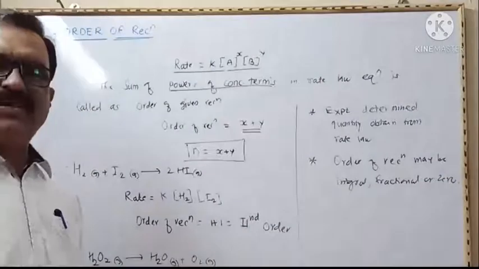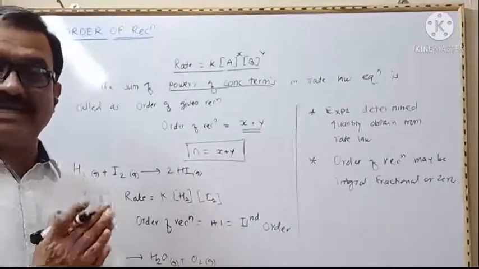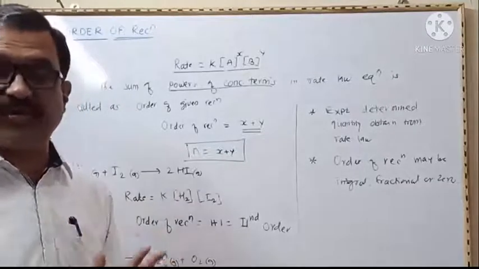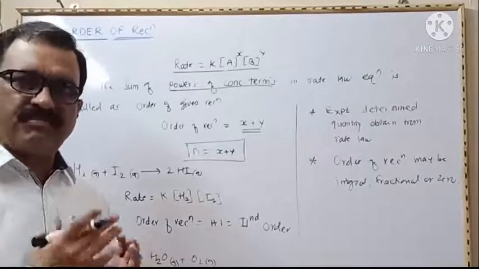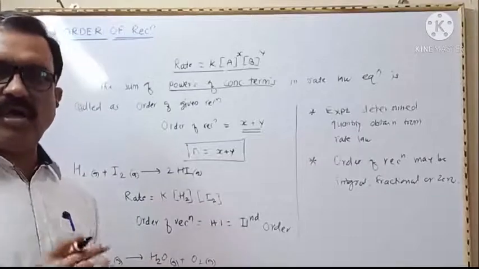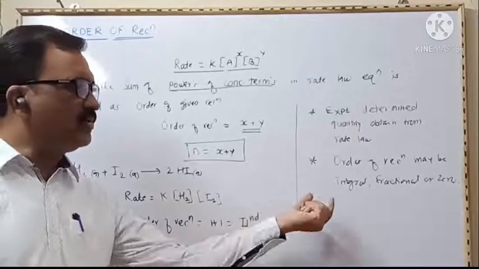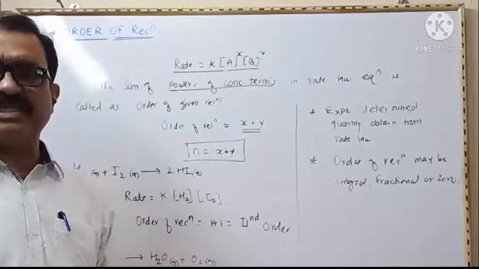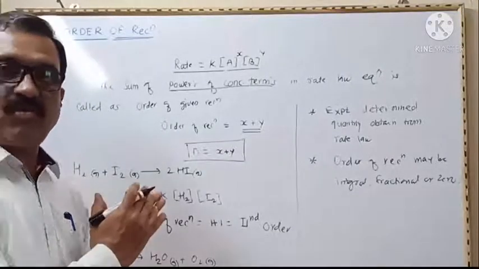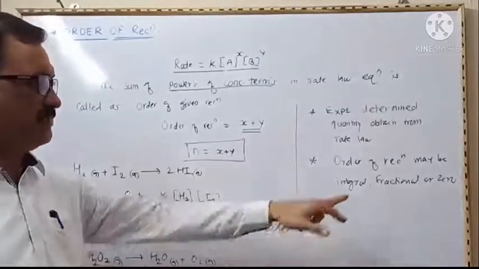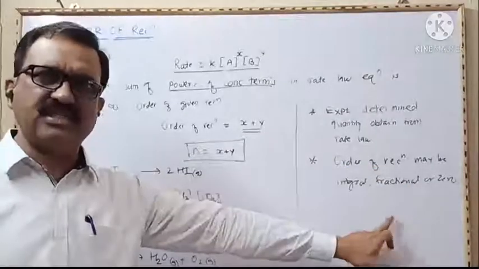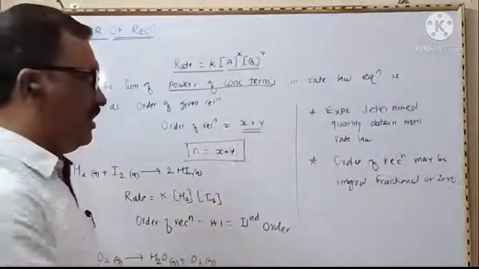The order of a given chemical reaction may be any integral value, or it may be fractional like 1.5 or 2.5 and so on. For some reactions, the order of reaction is equal to 0. That is, for such a reaction, the rate of reaction does not depend upon the concentration of reacting species. So the order of reaction may be integral, fractional, or zero.